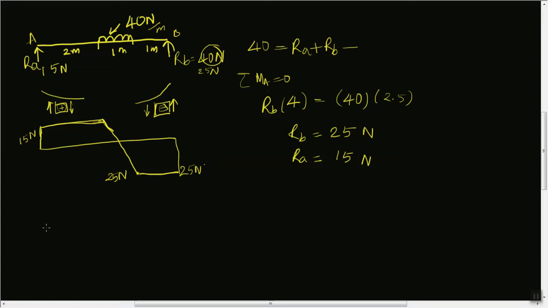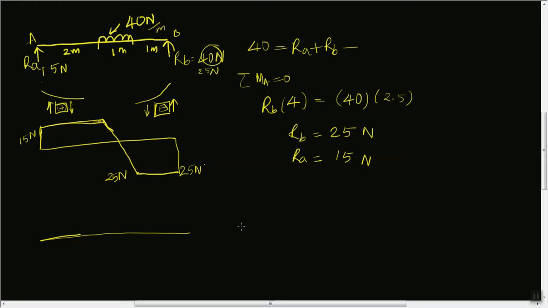Now let us try to draw the bending moment diagram. The bending moment at point A is 0, because the load itself is passing through that point.